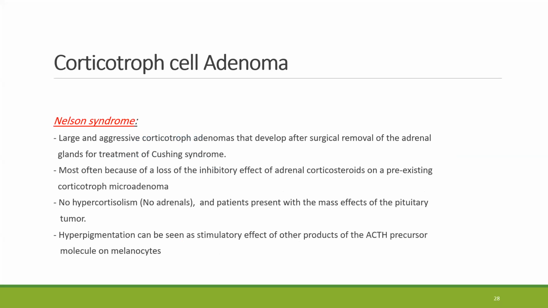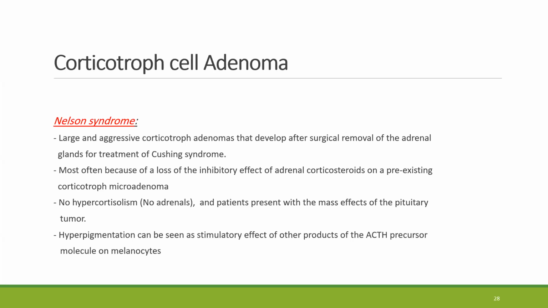Nelson syndrome is just a large and aggressive corticotroph adenoma that develops after surgical removal of the adrenal gland for treatment of Cushing syndrome. Sometimes we take the adrenal gland for whatever disease, usually for Cushing syndrome.